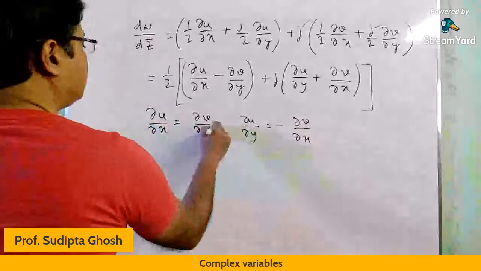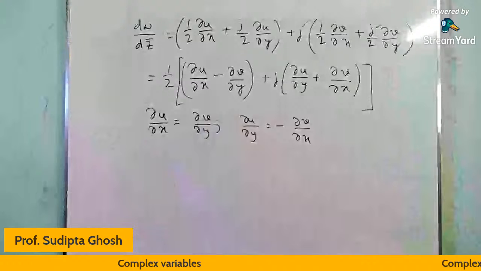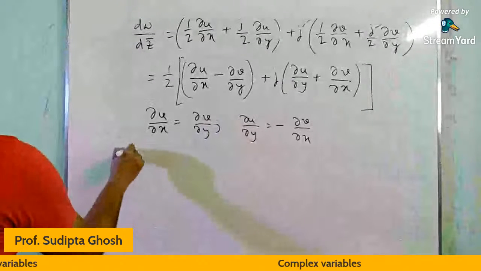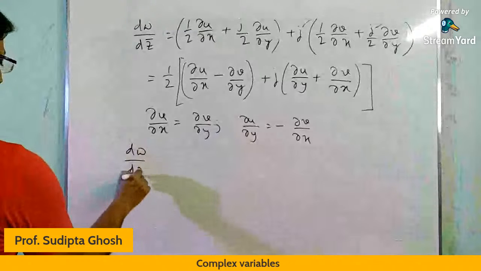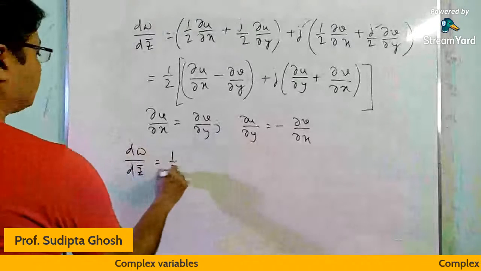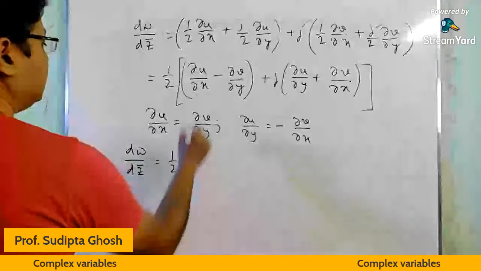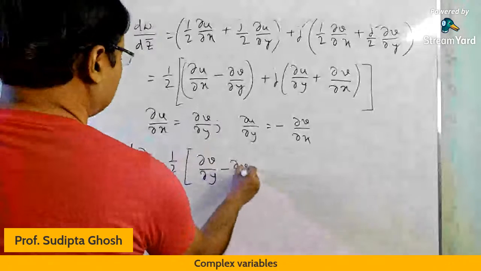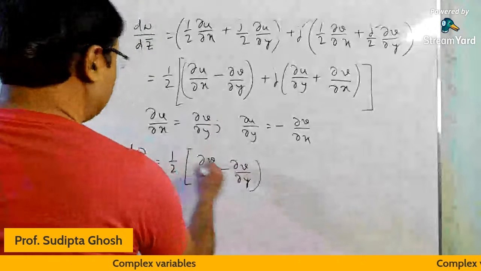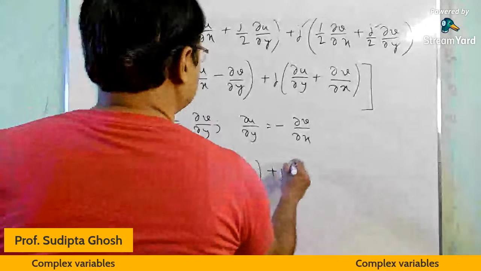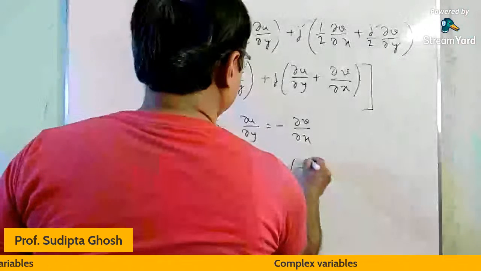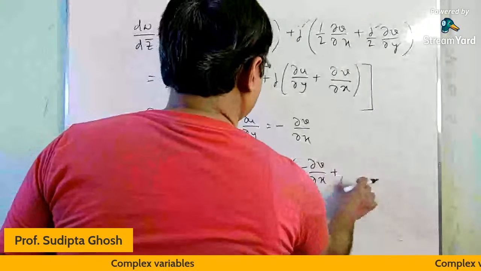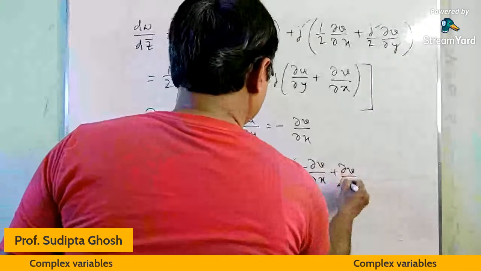So again these two equations are to be applied here, and we get dw dz bar equals half of del v del y minus del v del y, then plus j times minus del v del x plus del v del x itself.